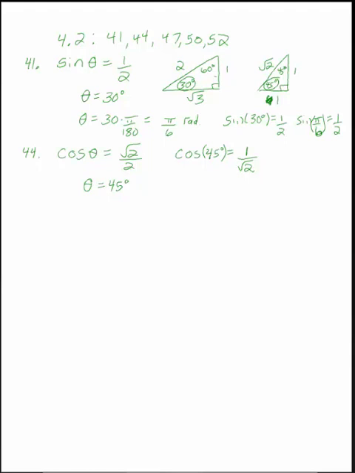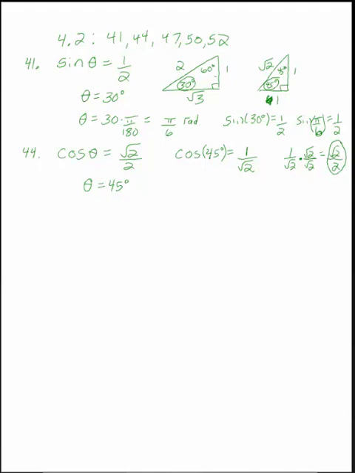Because if I took this 1 over root 2 and I rationalized the denominator, if I multiplied the fraction top and bottom by root 2 over root 2, I multiplied straight across, I would get root 2 in the numerator. And in the denominator, I would get root 2 times root 2, which is root 4, but root 4 is 2. So 1 over root 2 and root 2 over 2, they're the exact same value.